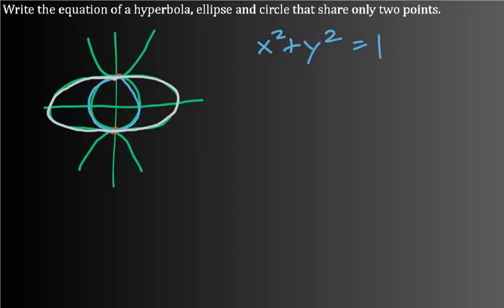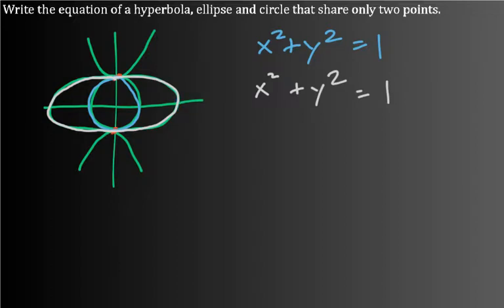I want my ellipse to have the same center. So it's going to be x squared and a positive y squared, equal to 1. If this is my center, to go up I definitely need the b value to be 1, so I'm not going to change that at all. But I need this a value, this measurement out, to be just something.